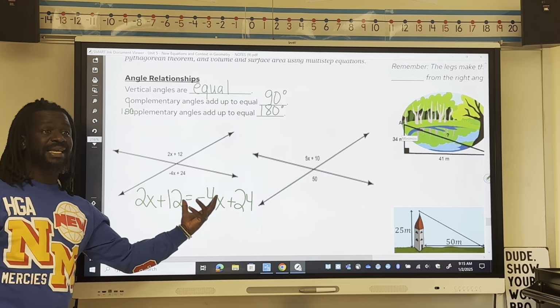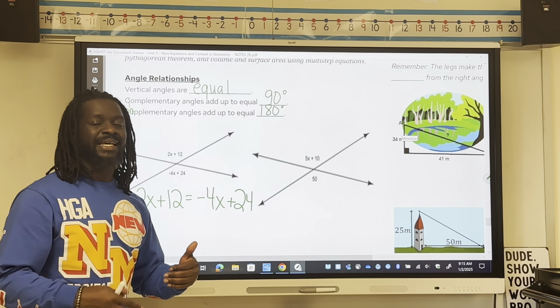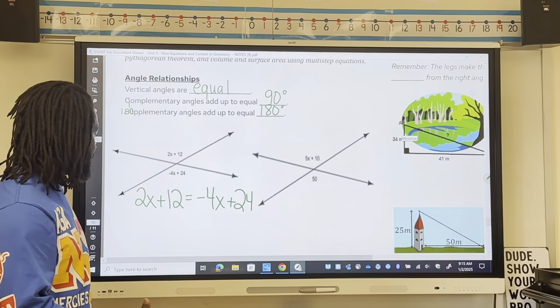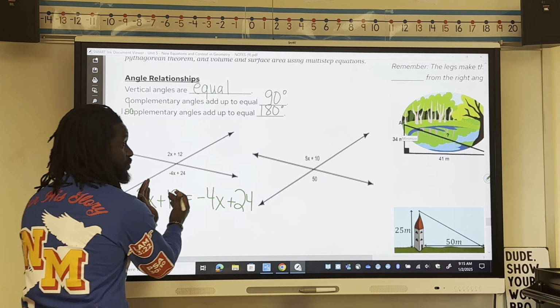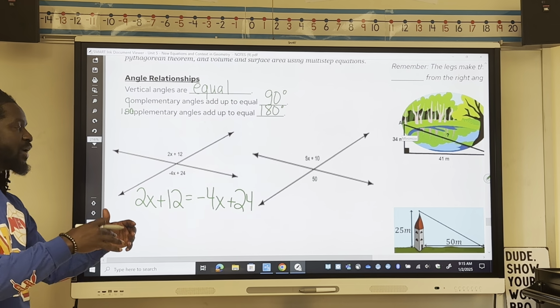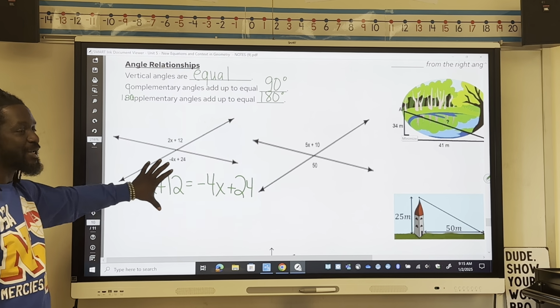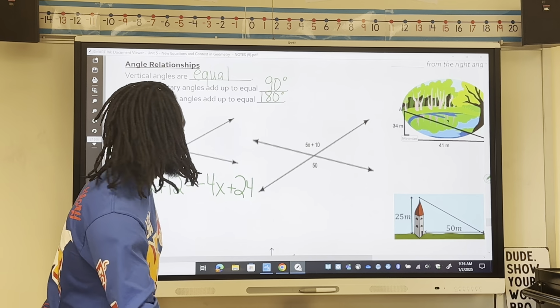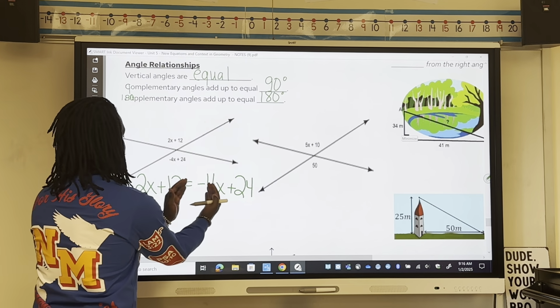Now I have to solve for the variable. To do that, I'm trying to get the variable by itself. So I'm going to move all of the variables to one side, and then move the numbers to the other side to isolate that variable. To solve an equation, you need to remember that we must do the inverse operation. I'm going to move the x's all to the left side.